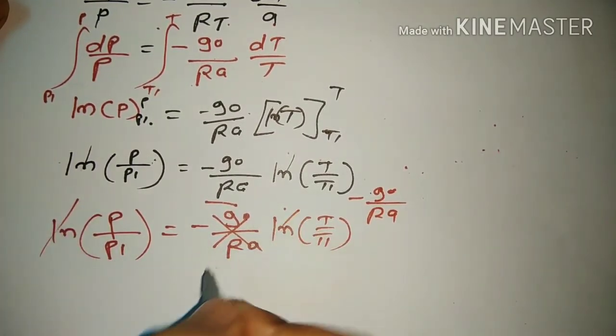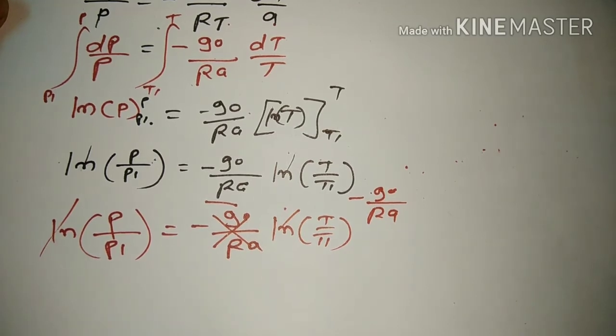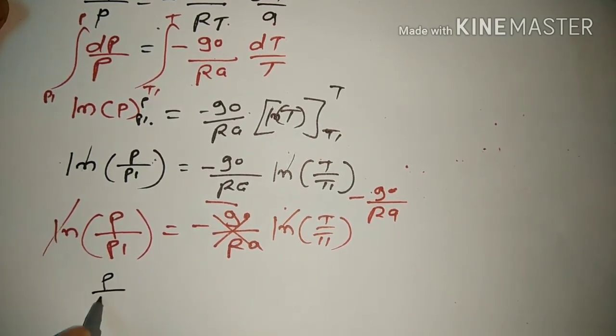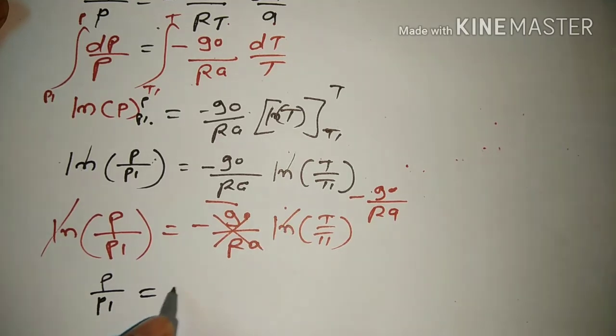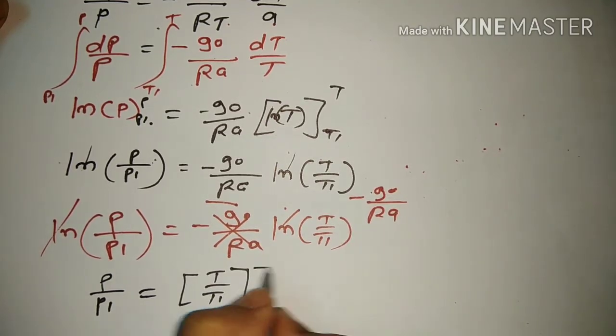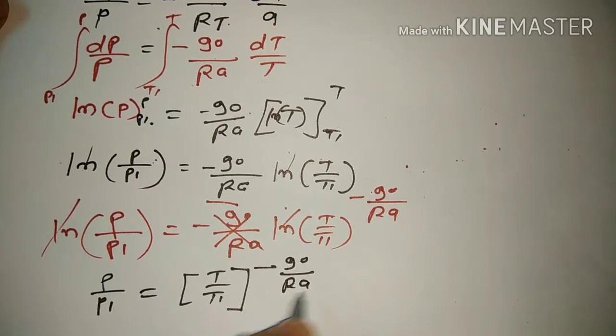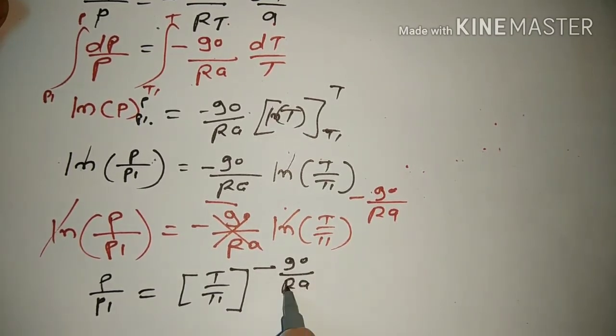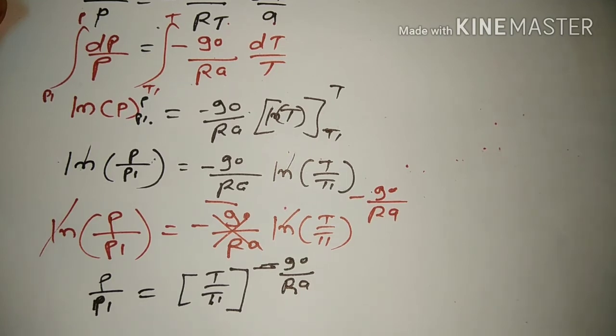So now we can cancel the ln, remaining only p by p1 is equal to T by T1 raised to minus g0 by Ra. Here p1 is the reference pressure, p is the pressure, T1 is the reference temperature, T is the temperature, g0 is 9.81, R is 287, and a is the lapse rate, whatever the lapse rate is.